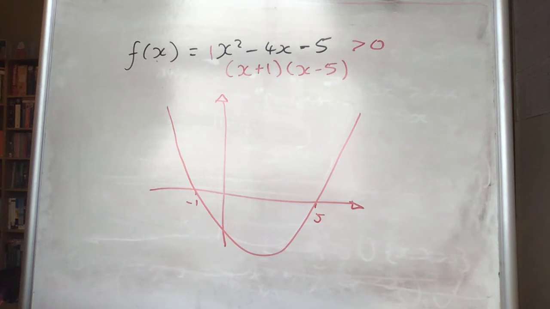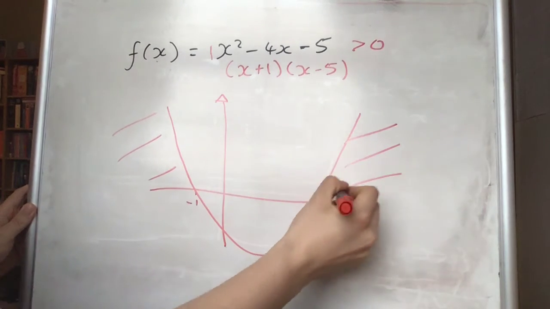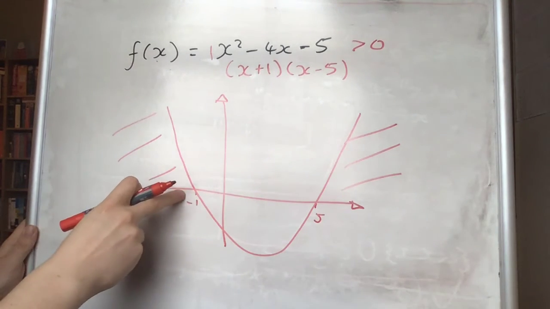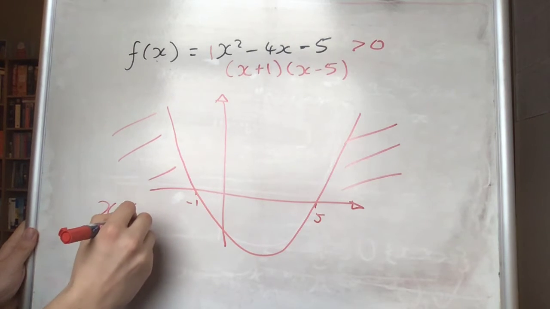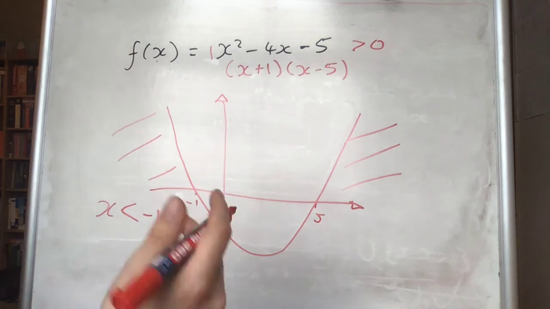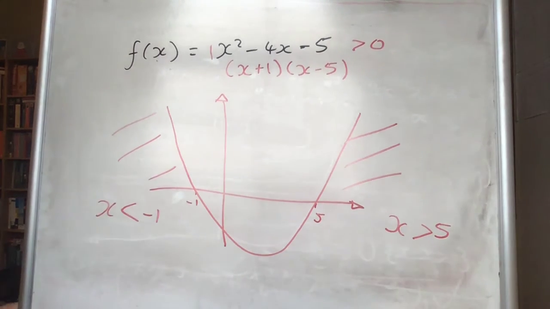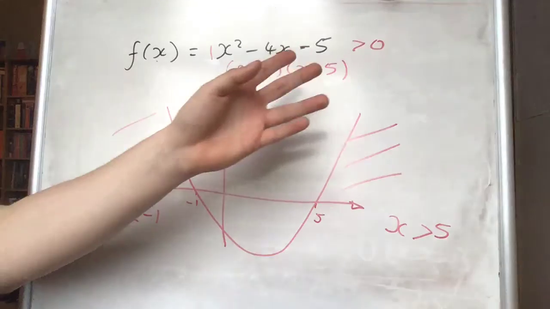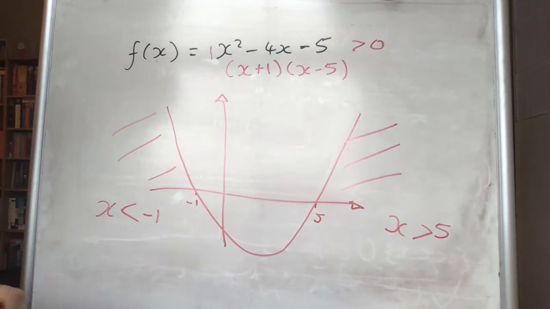So this is the area over here and over here. So we want the solutions where x is less than -1, so that's that part, but we also want x is greater than 5 too. So those are our solutions when the expression is greater than 0. These are the regions that we're dealing with.